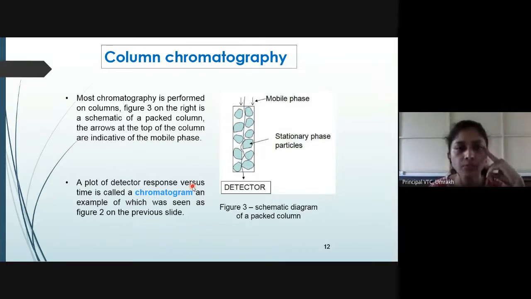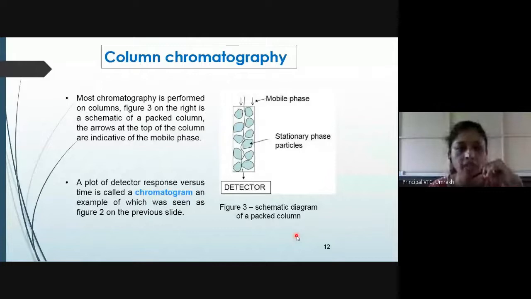Most chromatography is performed in a column. Here in the figure, you can see a diagram of a packed column. We can even prepare a basic column in our laboratory using some glass wool or sand, and we can achieve separation from that.